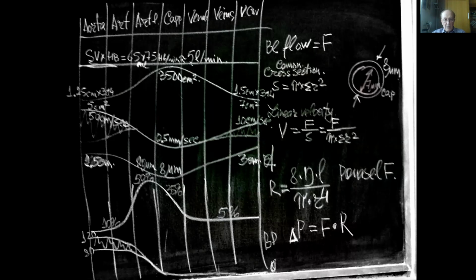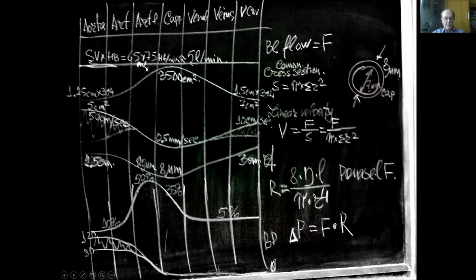These are some parameters, 1, 2, 3, 4, 5, 6, the main parameters. First of all, this is the blood flow, the volumetric blood flow. What is this? This is the stroke volume. It is equal to 65 milliliters.